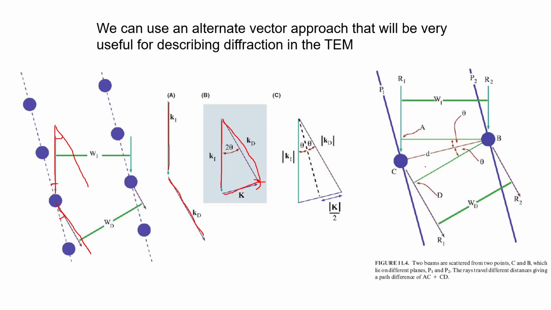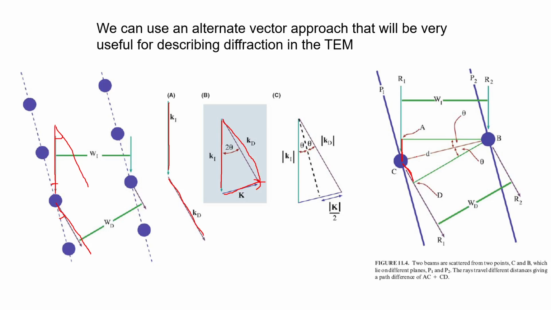Then you can see that your scattered radiation R1 will have traveled a much higher distance as compared to your scattered radiation R2, and this extra distance will be given by this plus this. So this will be AC plus CD.